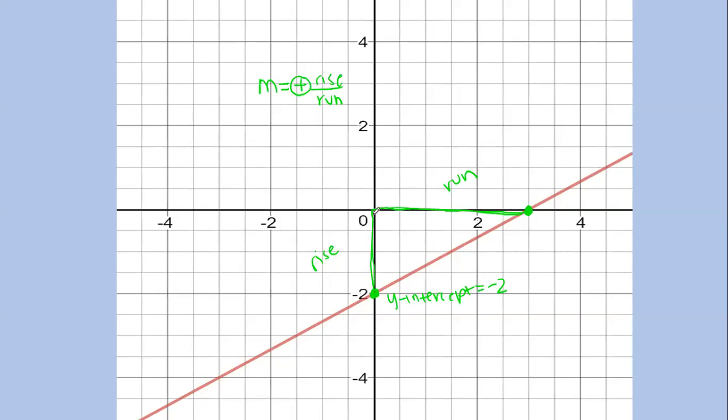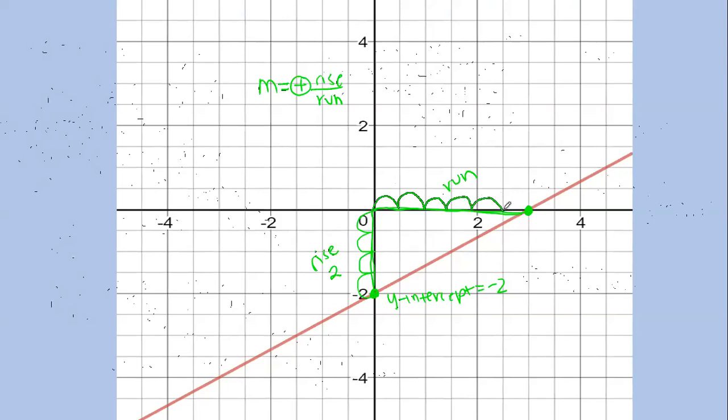If you can understand it from just looking at the big screen, that's fine. But sometimes for me, I have to visually do it with my hand or with a pencil. It's going up 0.5, 1, 1.5, 2. So my rise is 2. And my run is 0.5, 1, 1.5, 2, 2.5, 3. And my run is 3. So my slope is 2/3.